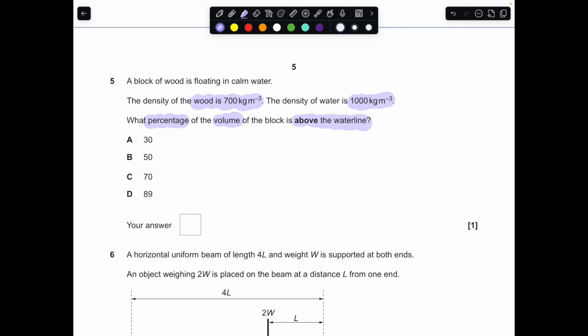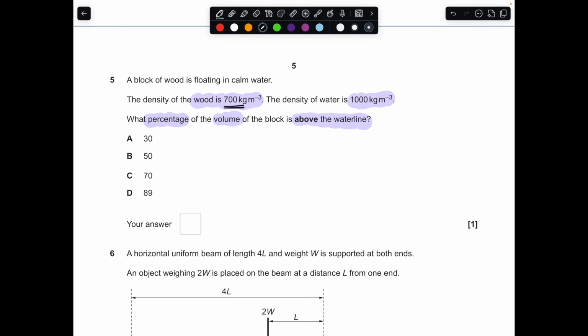Or we can also say that because the density of wood is 700 versus 1000, 70% of the wood is submerged. That is going to give me 30% as the answer, which is above the waterline. So A is the answer there.